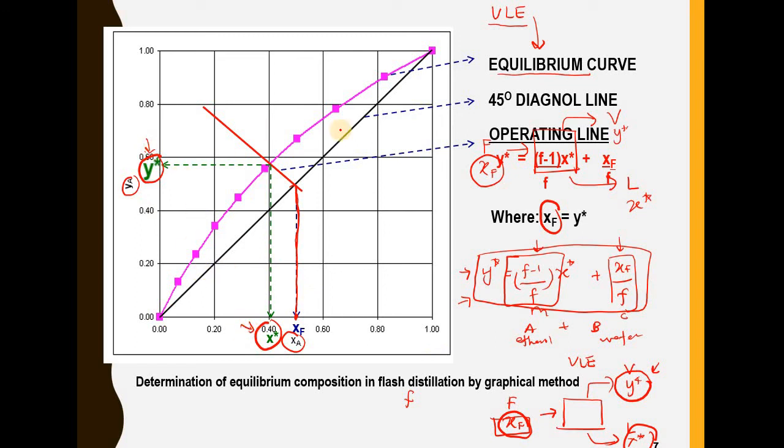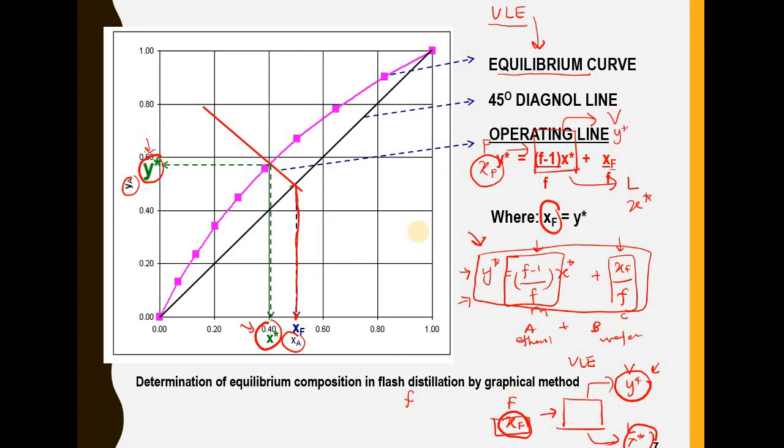So this is the function of this graph and this equation, so that you can know, when we heat up the mixture to distill, if the component has already reached the equilibrium state.